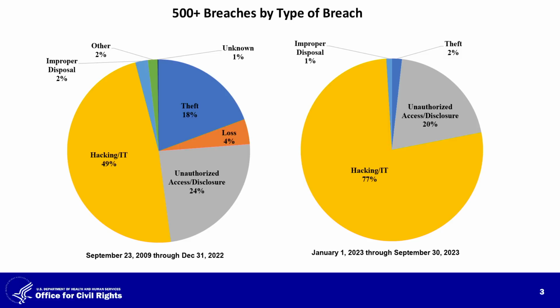Here we can see significant differences from the historical data. Hacking and IT incidents make up 77% of the large breaches reported to OCR, and theft, which used to be far more common as a type of large breach, is only 2%. The big takeaway from this data is that a hacking breach is the most common type of large breach that a regulated entity is likely to experience.